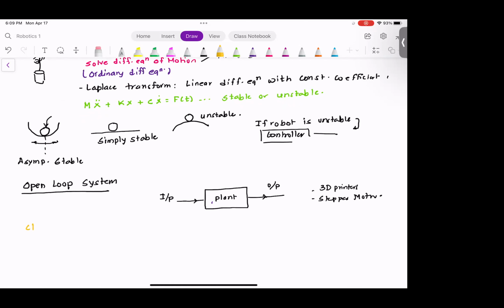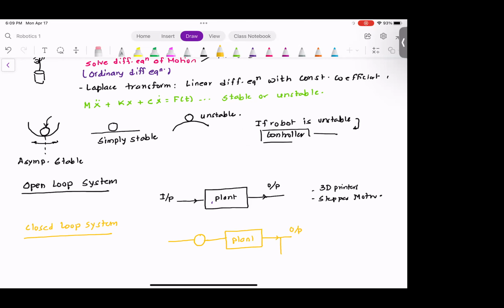In the case of a closed loop system, you have the input and then you have the plant. You have the output.